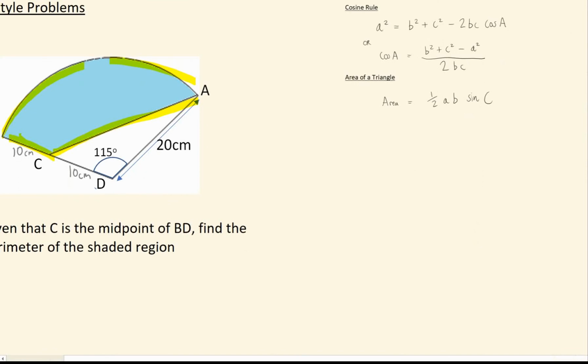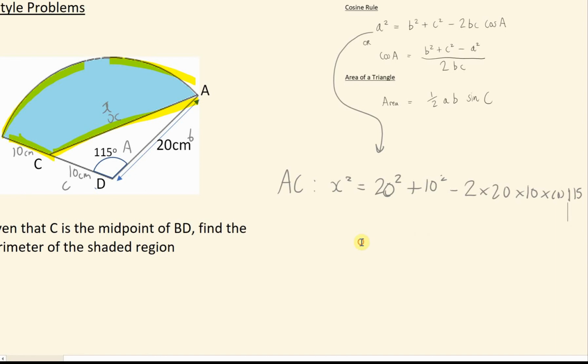So first I can work out AC. Again, we can hopefully see that that's just going to be using the cosine rule. So we know that x squared will equal, let's label the triangle, I'll say 20 is B, 10 is C, this is A, and the angle is always capital A. So x squared is 20 squared plus 10 squared minus 2 times 20 times 10 times cos of the angle.